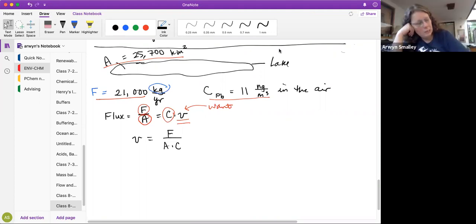So this speed, and this is not something I would have just known. It's based on prompts from the book that the settling of solid particles from the air of whatever type all tend to be in this approximate range. And so, like many of the problems that we do in the book, there are some assumptions and approximations in there.